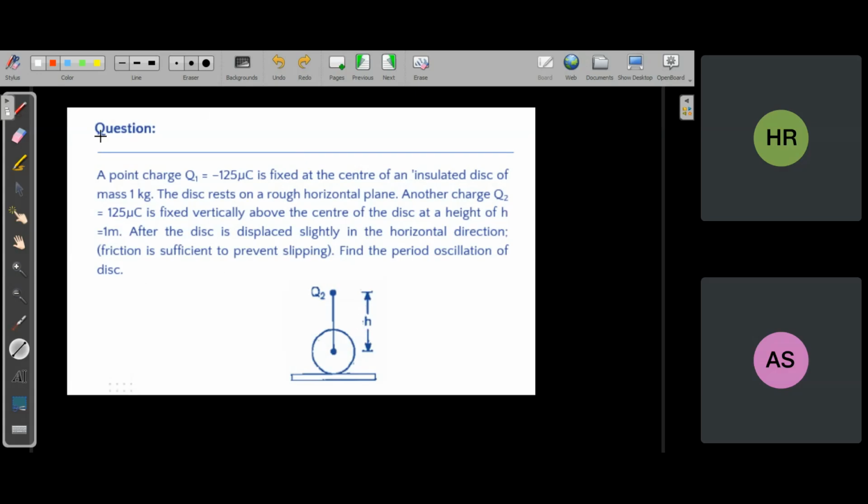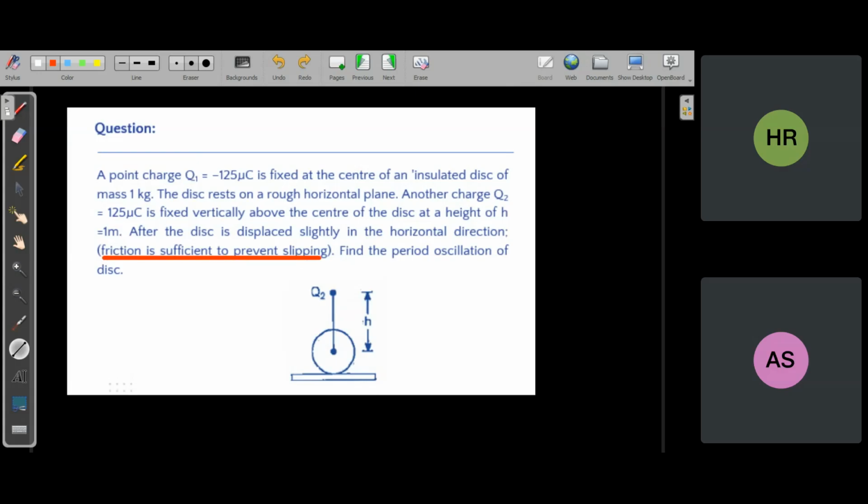But if you displace the disk slightly, and this becomes the new position of the disk, now the line of action of the force will become this, and it is not passing through the bottom point of contact. Can you see? Now this force can produce a torque about the point of contact, which will rotate this disk. Are you getting?